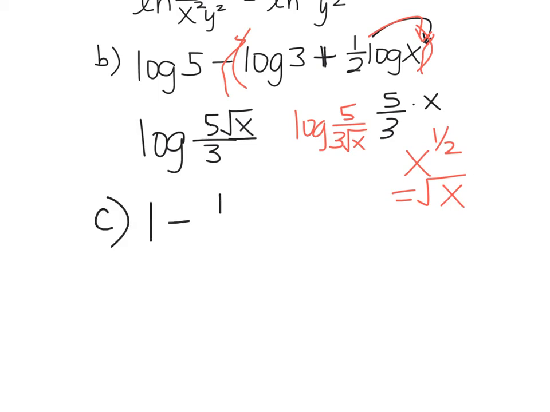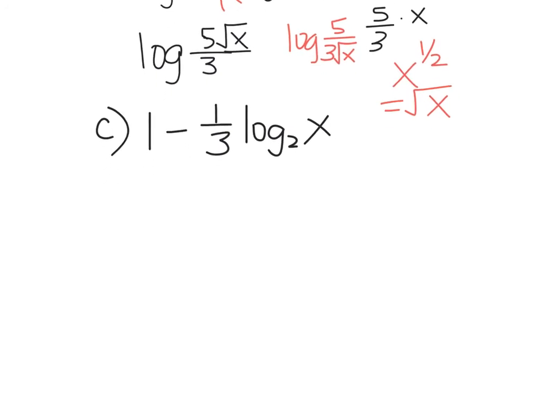1 minus 1/3 log base 2 of x. Now we're supposed to write that entire expression in one log, including the 1. Okay? So I need a log base 2. How do I write 1 as log base 2? Log base 2 of 2 is 1.